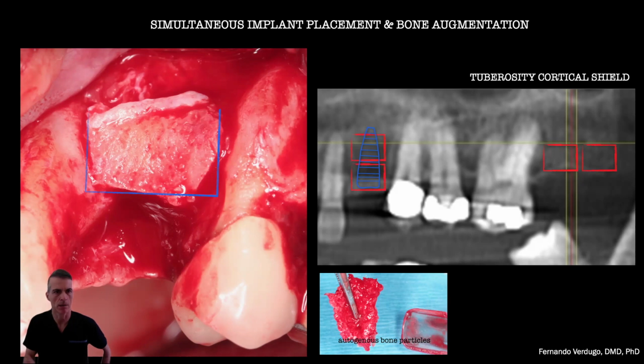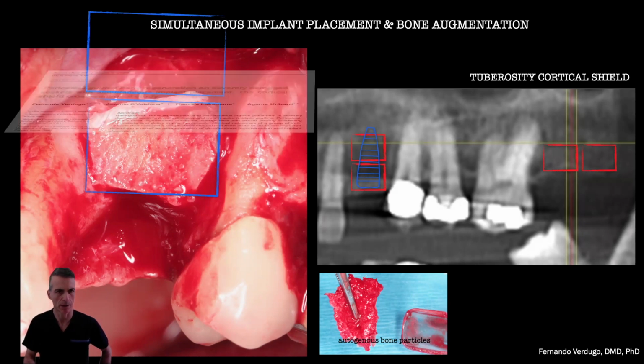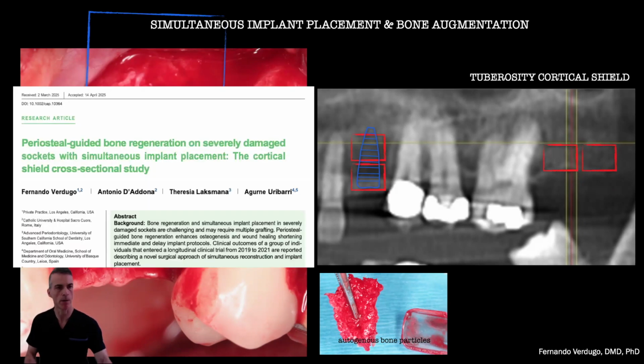And basically, those two shields were interlocked in the buccal aspect and surrounded by autogenous bone particles. A step-by-step of this was published in the journal Clinical Advances in Periodontics, which is an official journal of the American Academy of Periodontology. You can check that out at americanperio.org.